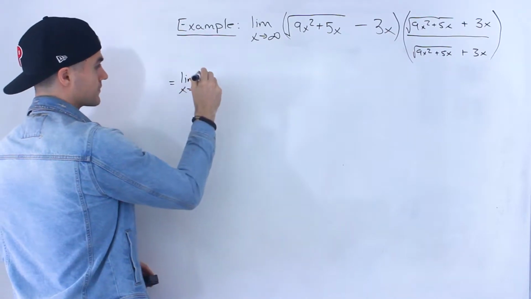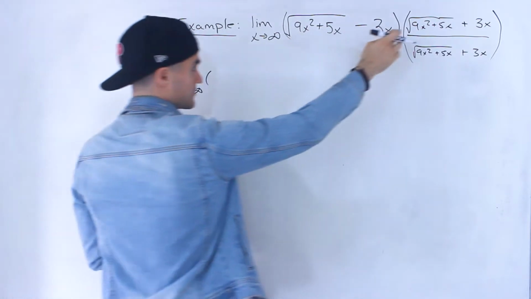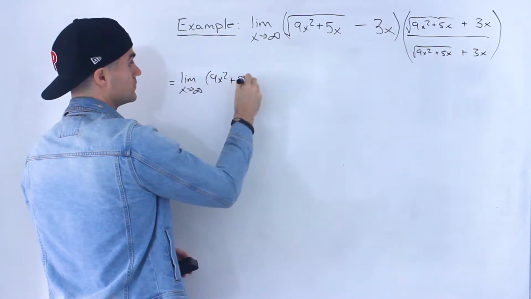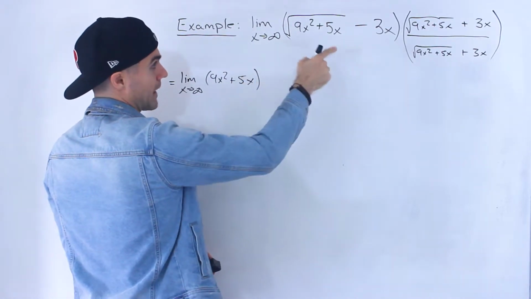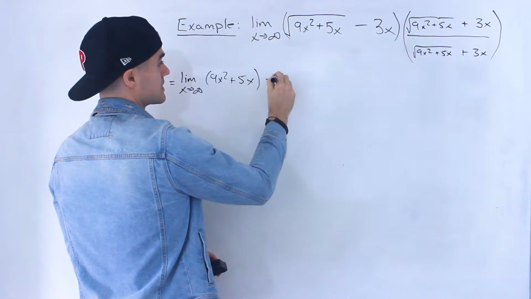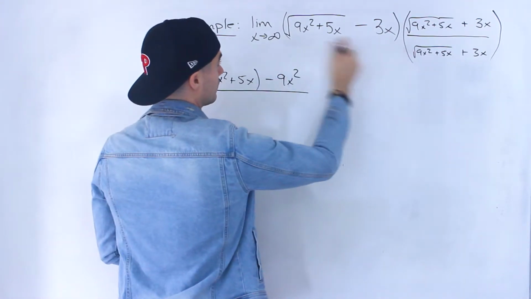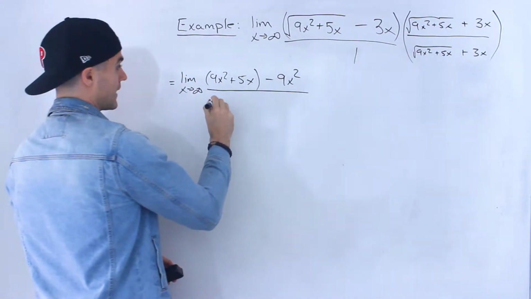is the top is going to be, you just multiply them, so the square root of this times the square root of that is just whatever is under that square root. Then we're going to have minus 3x times positive 3x, which is negative 9x squared. All over, this is basically all over 1, so we're going to be multiplying it by that expression right there.